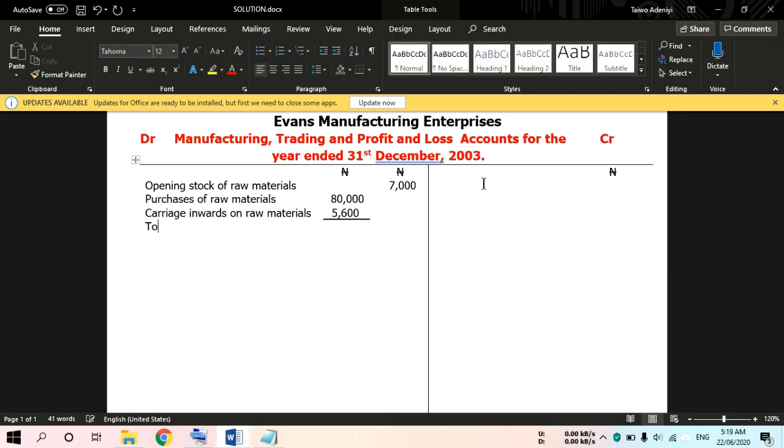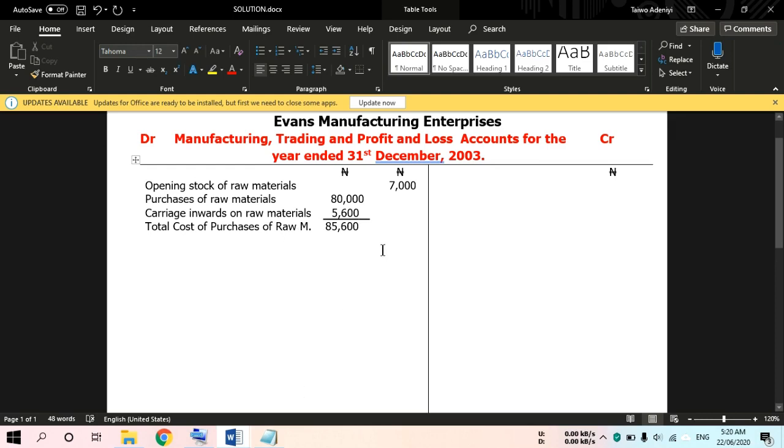This will represent the total cost of purchase of raw materials, 85,600. Good.